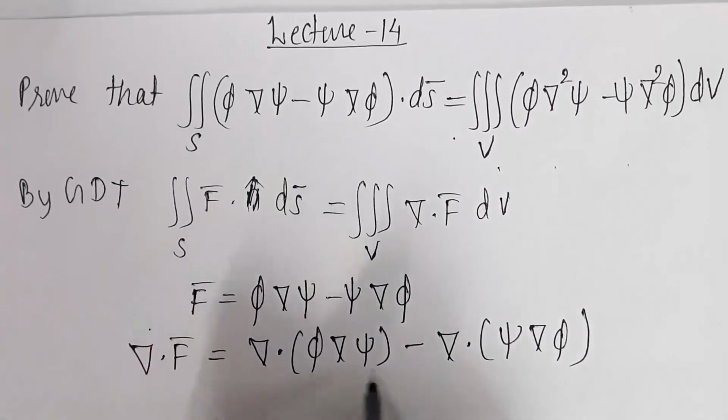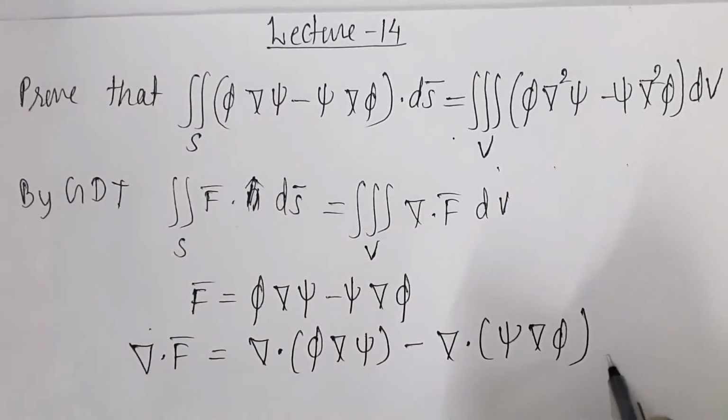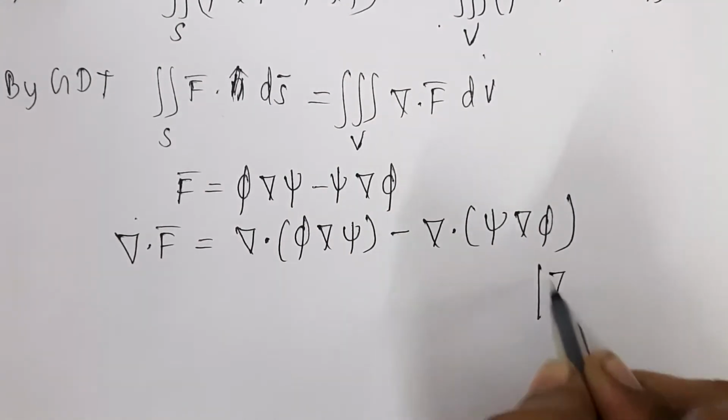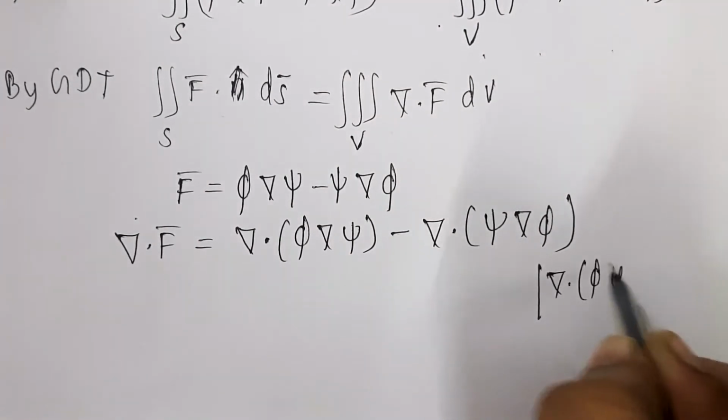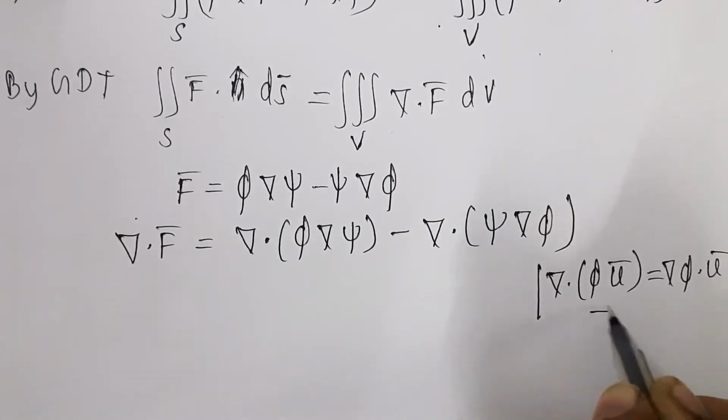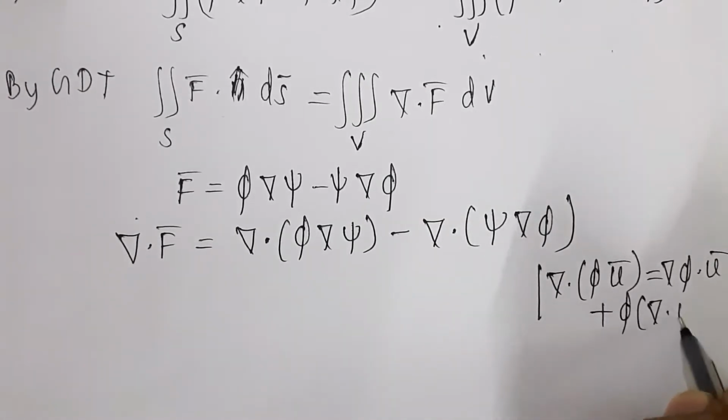Now del dot phi del psi, use the standard result, which is del dot phi u, which is equal to del phi dot u plus phi into del dot u.